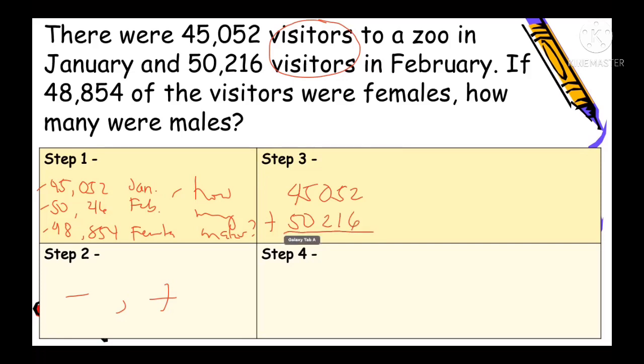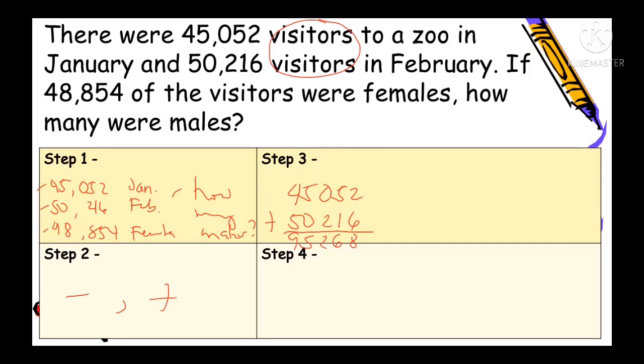If we will plus them, what is 2 plus 6? 8, correct? 5 plus 1? 6, correct? 0 plus 2? 2, correct? 5 plus 0? 5, correct? 4 plus 5? 9.